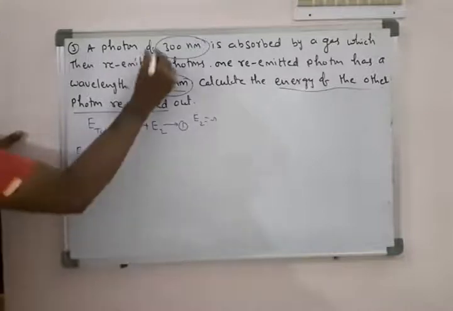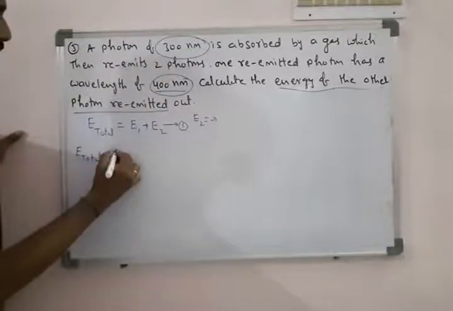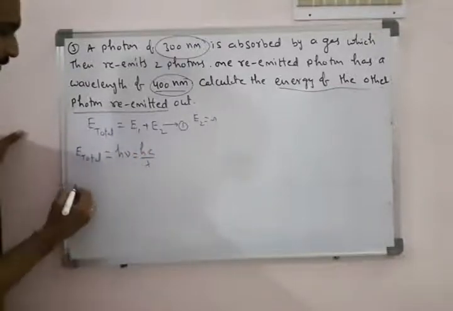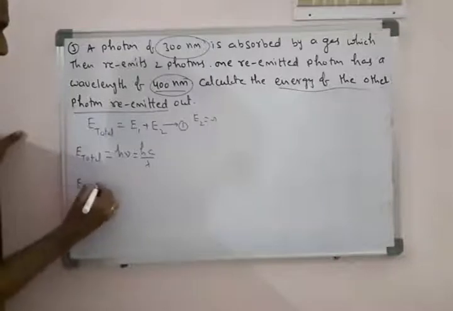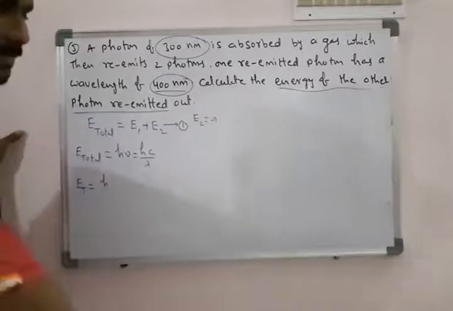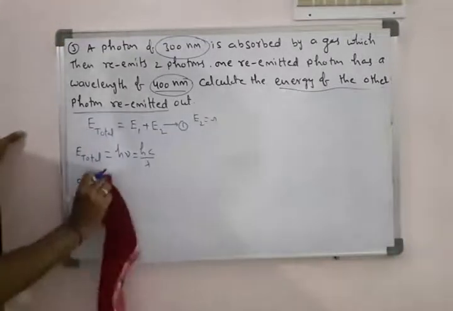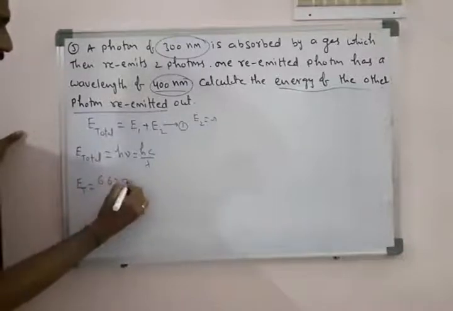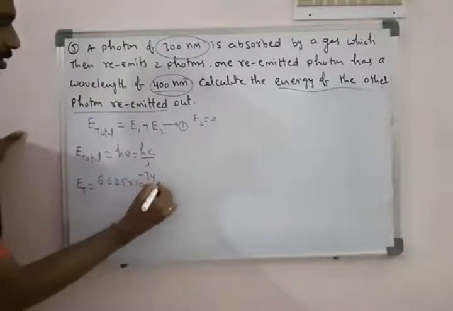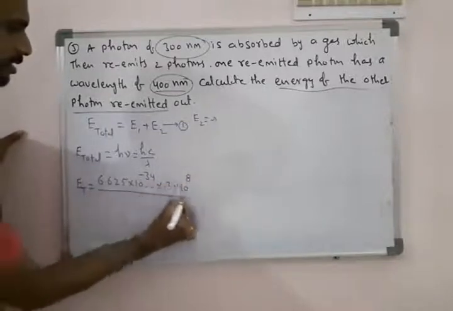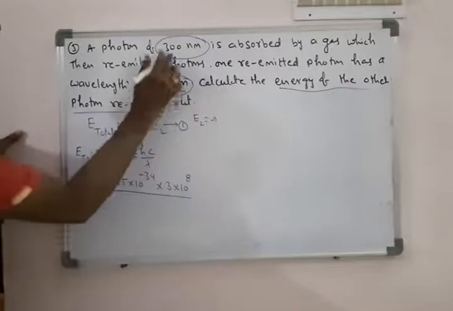The initial energy of the photon is h nu. The frequency is not given, so we use h c by lambda. E total is equal to the h value, 6.625 into 10 to the power minus 34 joule-seconds, and c in meters per second. Here lambda is given as 300 nanometers.